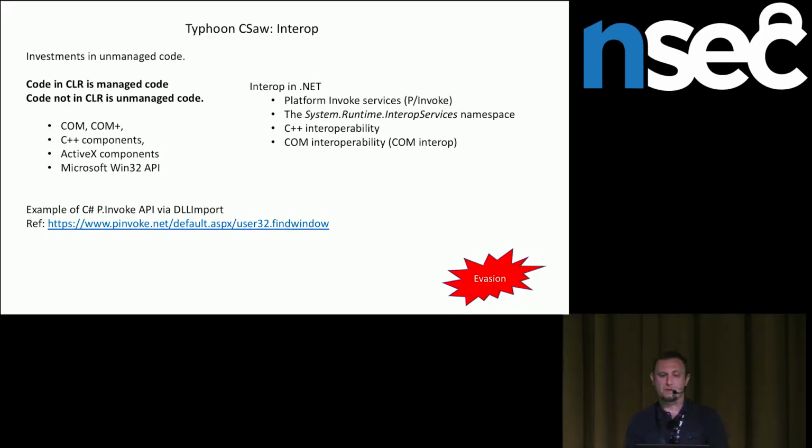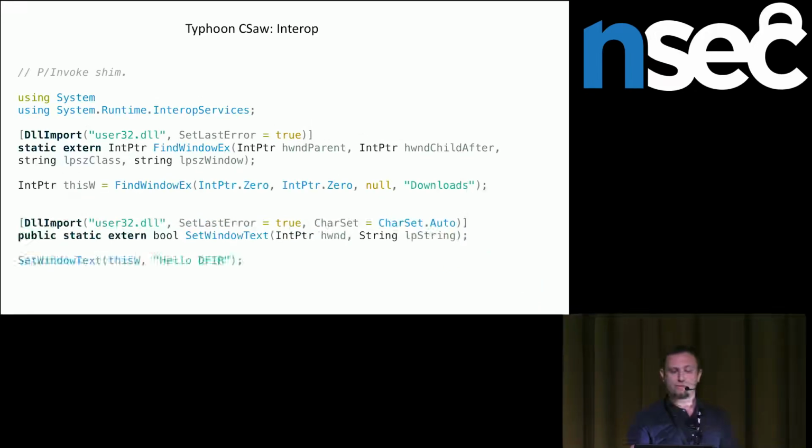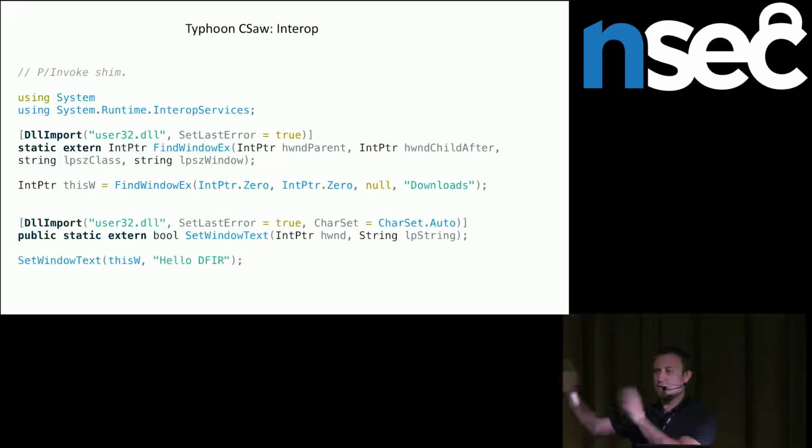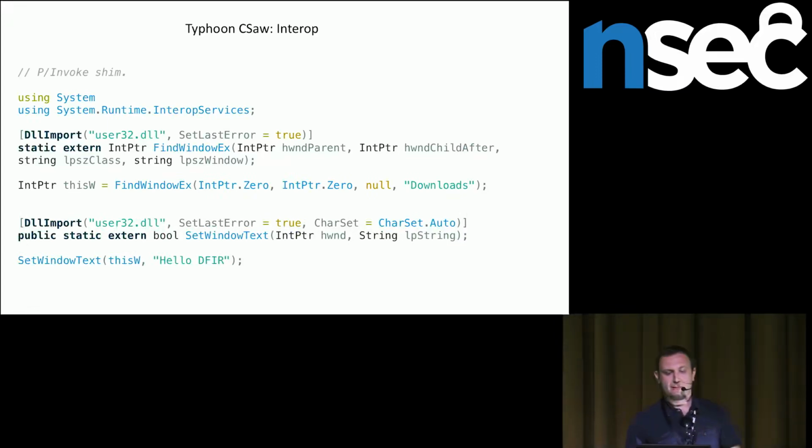So interop essentially works on the DllImport attribute, right? To your function. You instrument it in such a way that says, okay, that's external code somewhere over there. After we compile, we'll be able to manage it at runtime. And so, for example, in this case, we will find a window and we will set the window title, right?